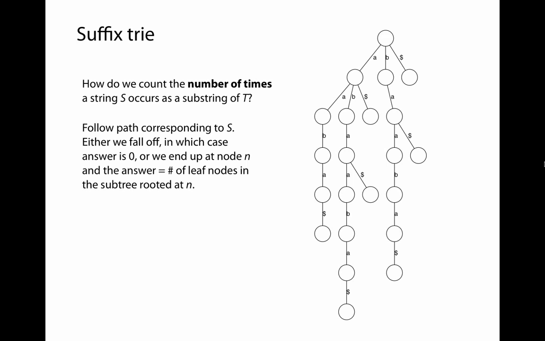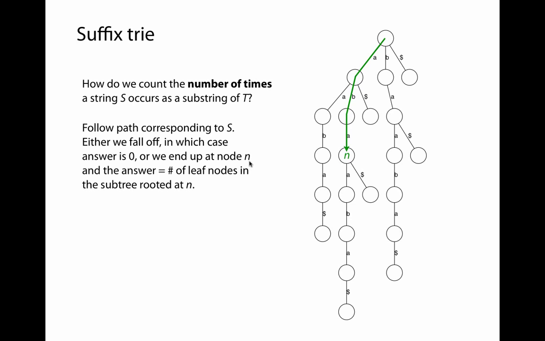So let me show you an example. Let's say we're trying to figure out the number of times the query string ABA occurs in T. ABA is a substring of T, so when we follow the edges labeled ABA, we don't fall off the suffix trie, and we end up in this node here. This is the node n.